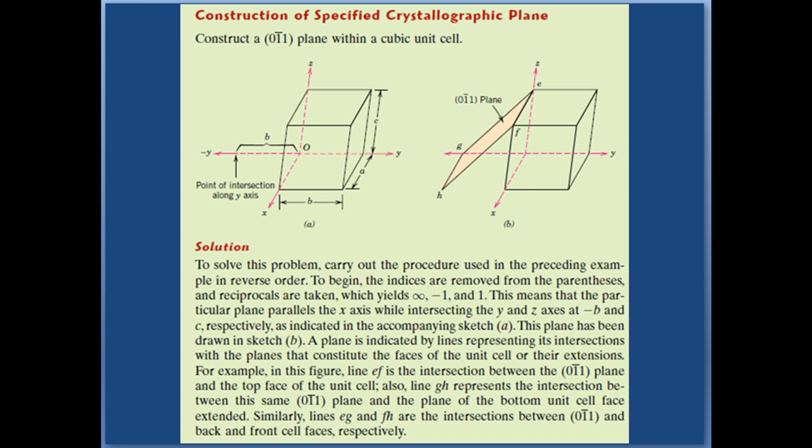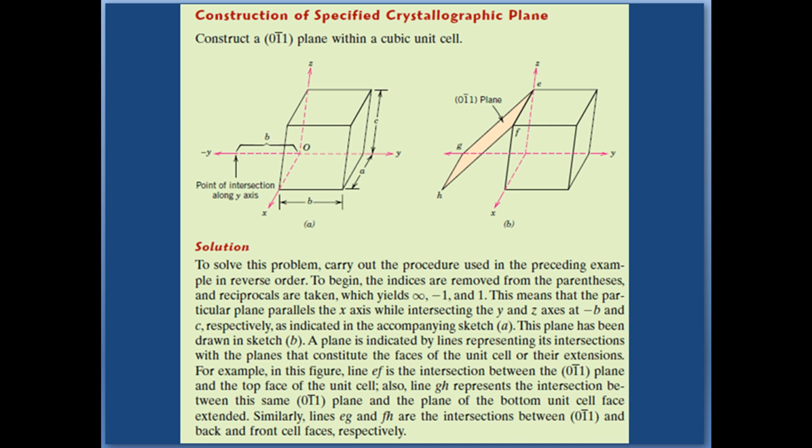Once again, we are going to repeat the procedure for how to construct a crystallographic plane for the given indices. The given indices are (0 1-bar 1), and by utilizing these indices, we are supposed to construct a plane within a cubic unit cell. Now we will start with the solution once again.